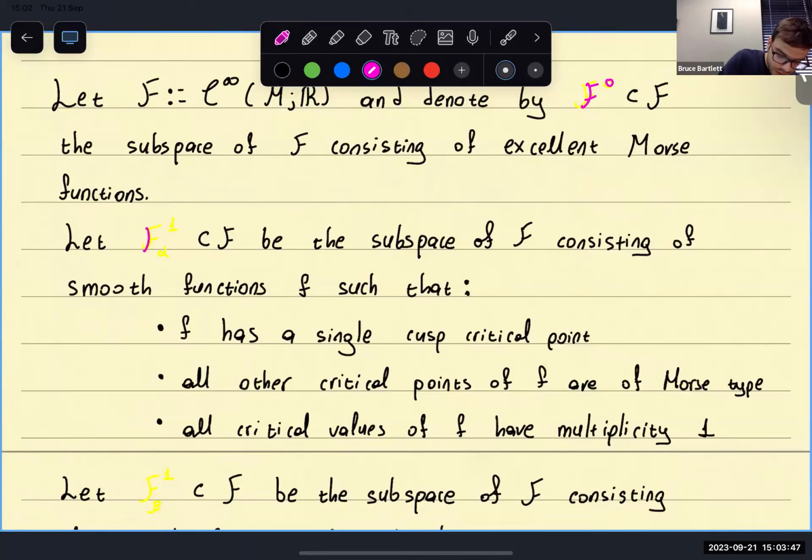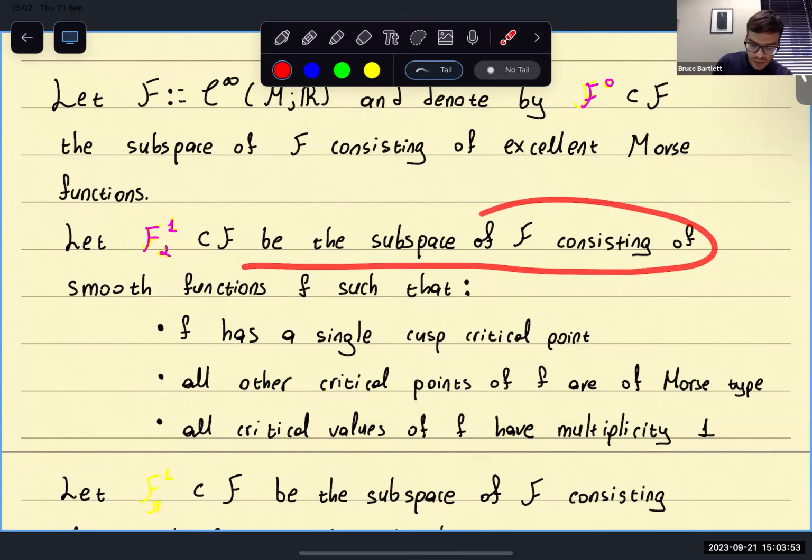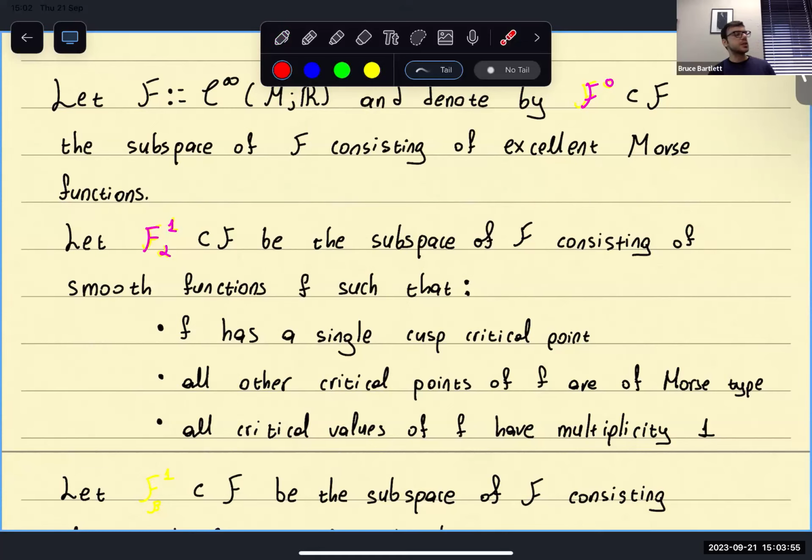The first is F1 alpha. It is a subspace of F consisting of those smooth functions that have a single cusp critical point, of the form we just defined, and all other critical points of F will be of Morse type.